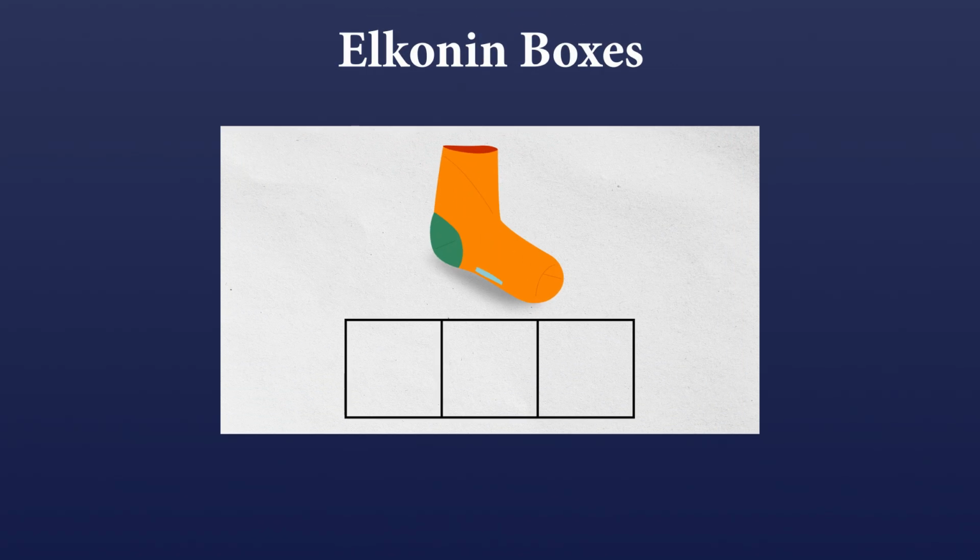Elkonin boxes, or sound boxes, are a useful way to make the abstract concept of segmenting sounds more concrete for developing readers. With sound boxes, students place a manipulative into a box for each sound in a word. For example, with the word sock, students would push a chip into each of the 3 boxes as they say the sounds s, o, k.